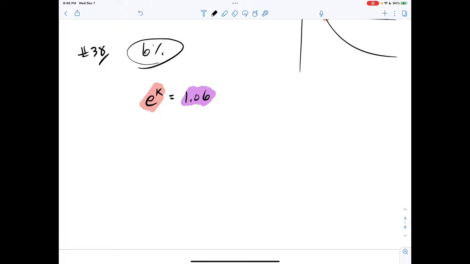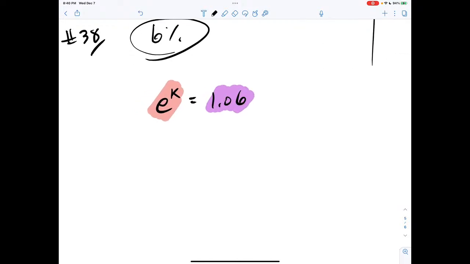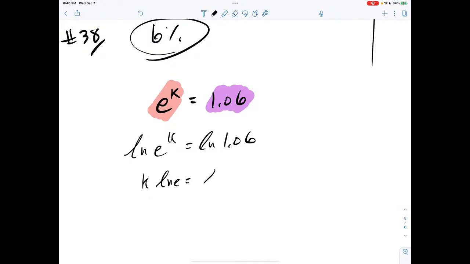So for this one here, this will make sense once they go to solve it. You want to solve for k. So for something like this, you take the ln of both sides to solve for k. This becomes a ln of 1.06. So you drop down the k. I have k ln of e is ln of 1.06. So k is ln of 1.06 over ln of e, which is just 1.